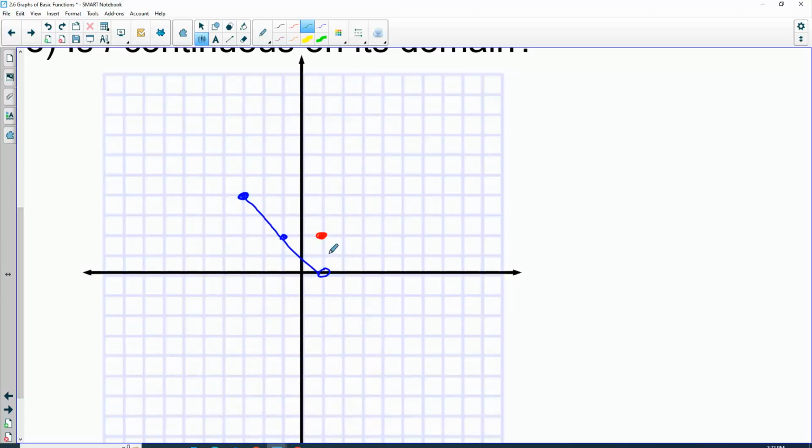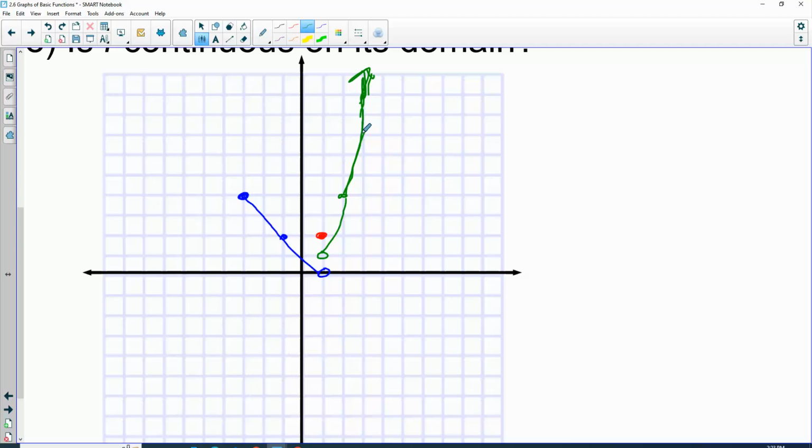So 1, 1 is open. 2, 4, 3, 9. How do we graph that? What is this? Parabola. So it's kind of hard, I know, to curve just this little section, but that's what we're doing. Oops. So we have this curve here. All right.